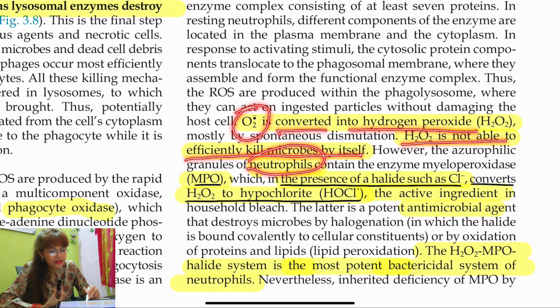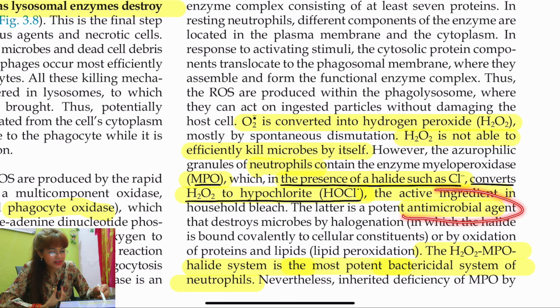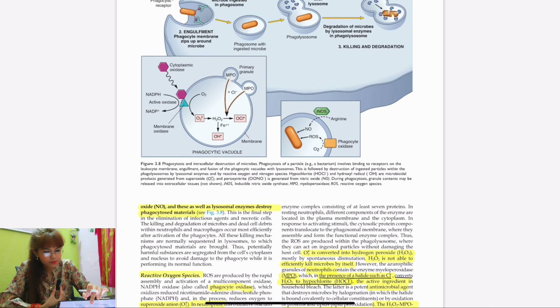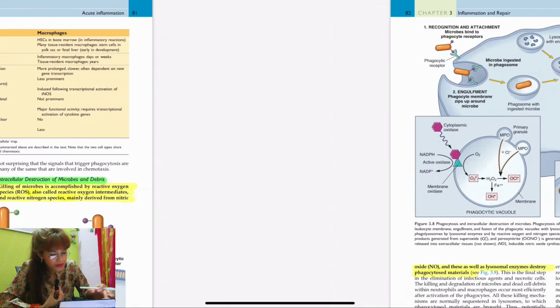However, in the neutrophils, there is an enzyme called myeloperoxidase, which, in the presence of chloride, will convert this H2O2 to HOCl, which is a very, very important antimicrobial agent. And this is how the neutrophils ultimately act as an antimicrobial agent, because they have this enzyme myeloperoxidase, which converts H2O2 to hypochlorite, which is the active ingredient for antimicrobial activity. I hope that you are able to understand this part.